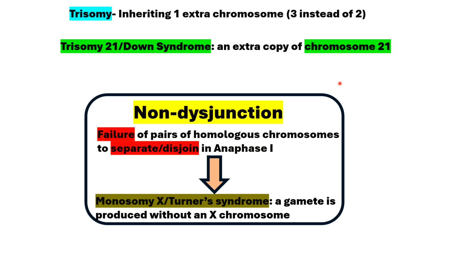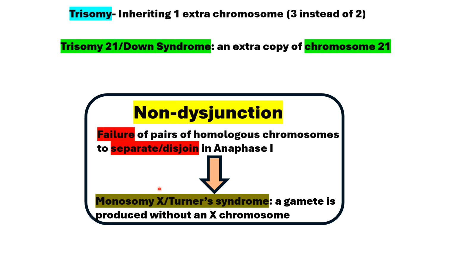Now, non-disjunction is an issue involving the failure of pairs of homologous chromosomes to separate or disjoin in anaphase 1 of meiosis.